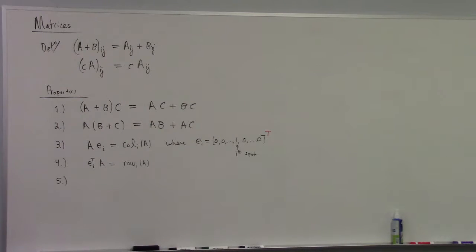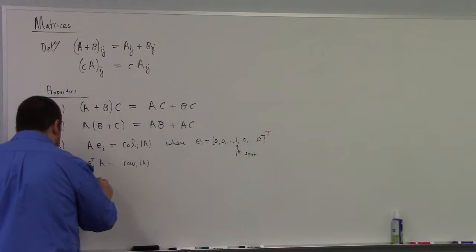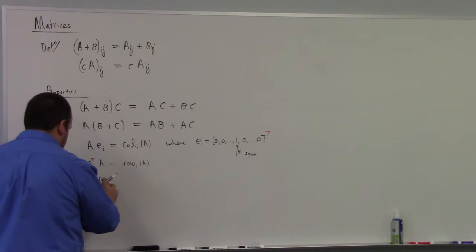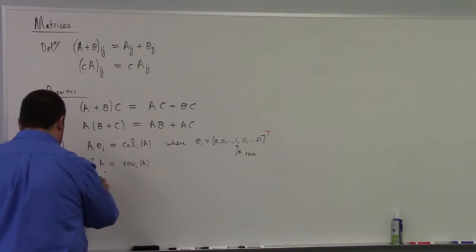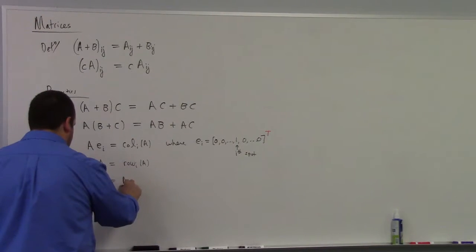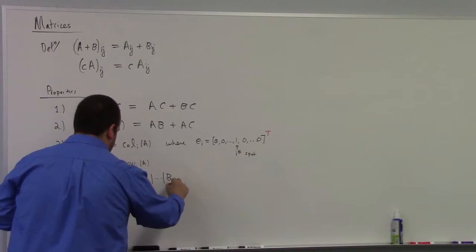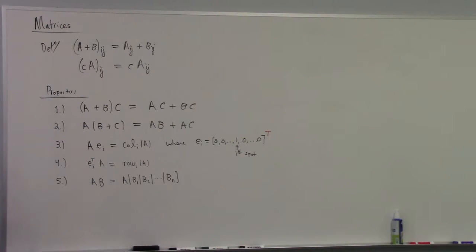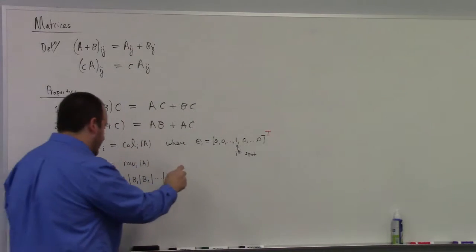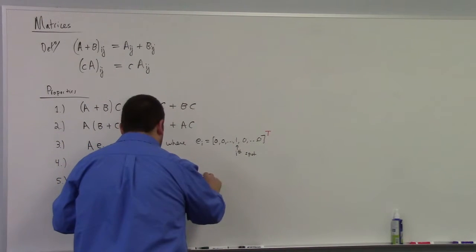Five, another thing we know is the concatenation proposition. If we take A times B, in other words A times [B_1, B_2, ..., B_n], then there's a pattern we've already exhibited in the example, which says that you can multiply by just multiplying the columns separately.